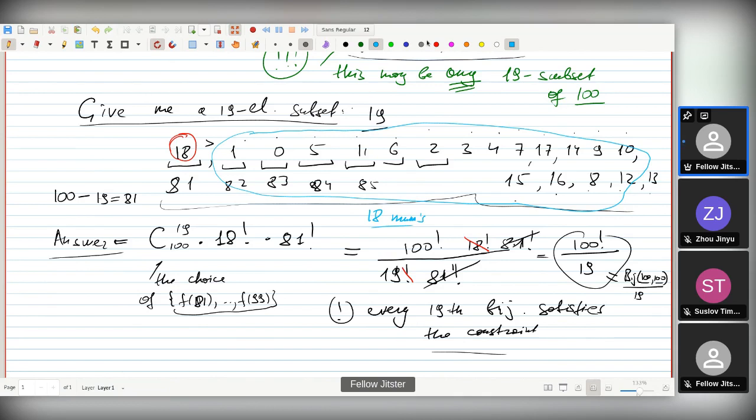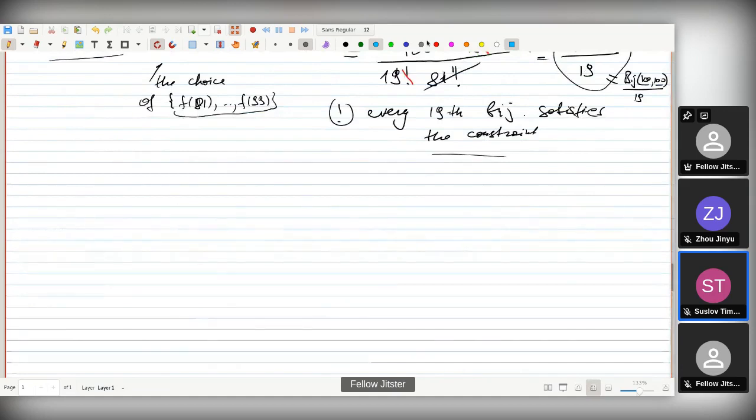So on average, every 19th bijection satisfies our constraint. Is it clear? Yes. One could make a proof from this probabilistic argument as well. But of course, most likely in mathematics, when developing probability theory, you start from combinatorics and introduce probabilities. But in principle, the other way around is also possible.